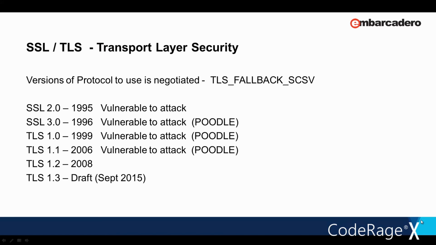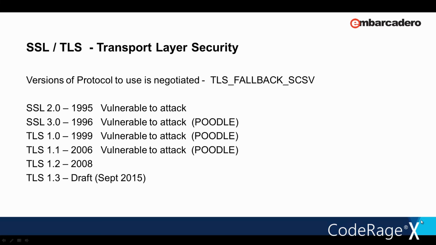SSL, or TLS, has several different versions of the protocol. One thing you should note is that quite often SSL is referred to as TLS, so they become somewhat synonyms. But the version number and the actual protocol names are slightly different.